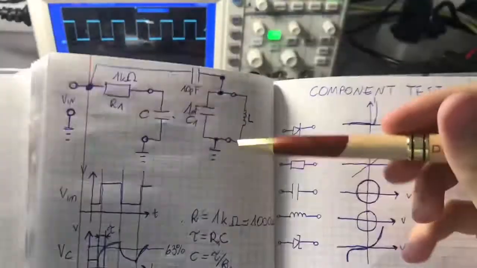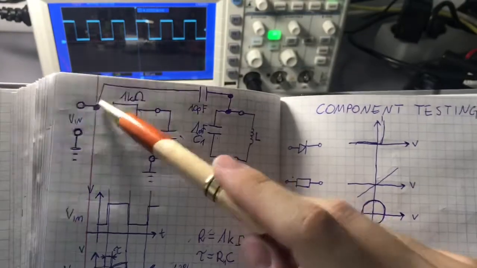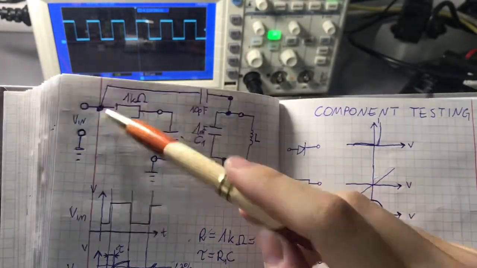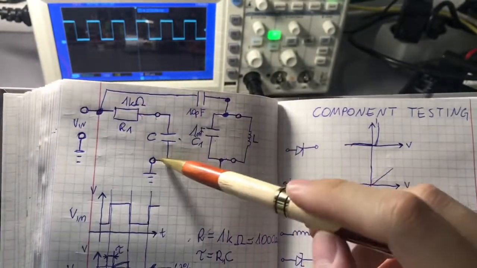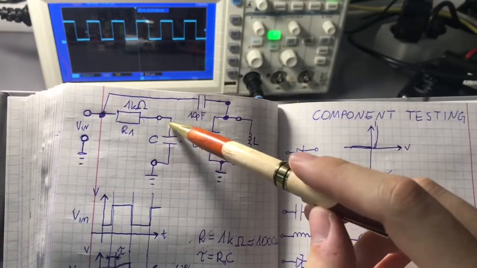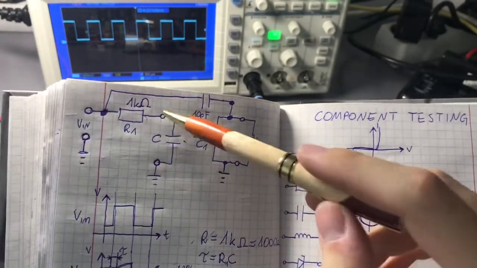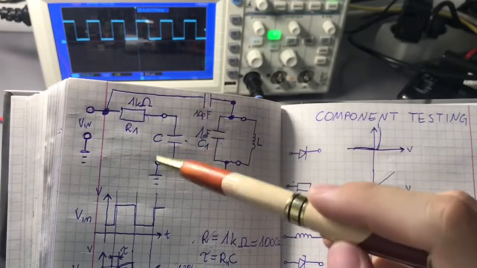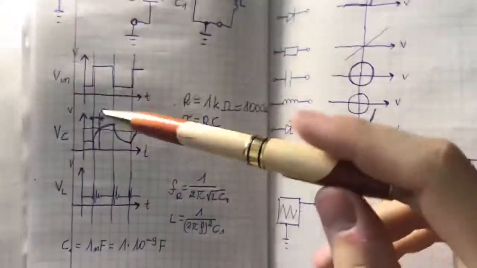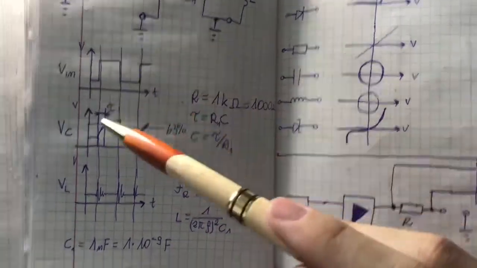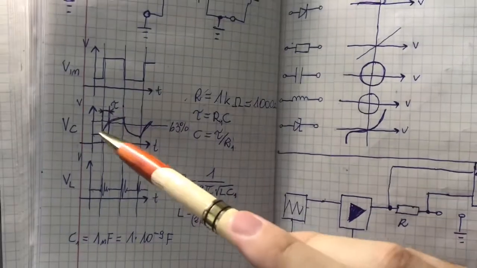Okay, so we input the signal. It goes through a 1k ohm resistor and goes to the capacitor, and this is the module that we'll use to measure capacitance. We will be measuring with our scope the voltage across here, and this is how our input signal looks. This is how voltage on a capacitor should look.